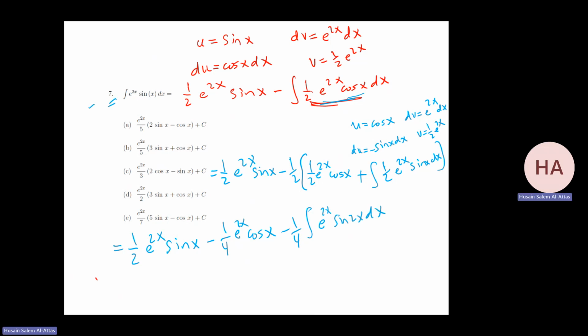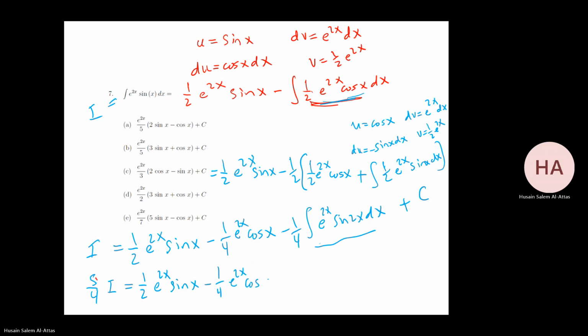If I call the original integral I, let's take it to the other side. So you have minus 1 over 4, and I take it to the other side, so I have 1 plus 1 over 4, which is 5 over 4, times I equals this.